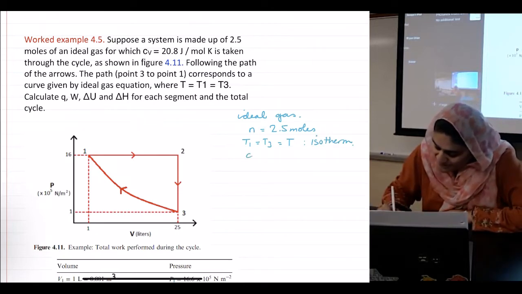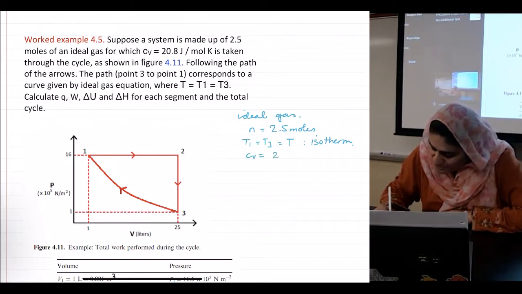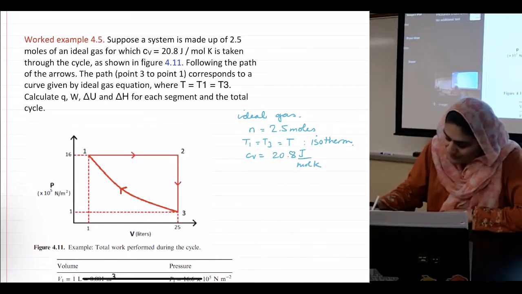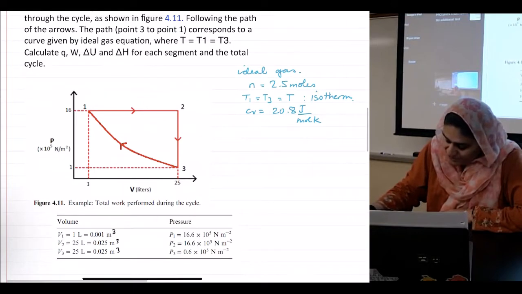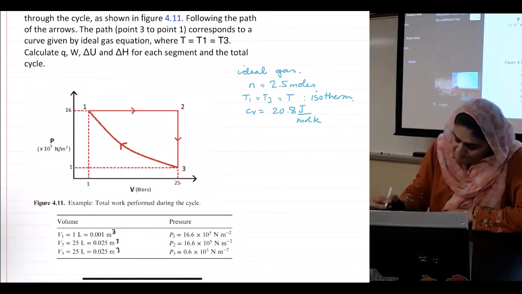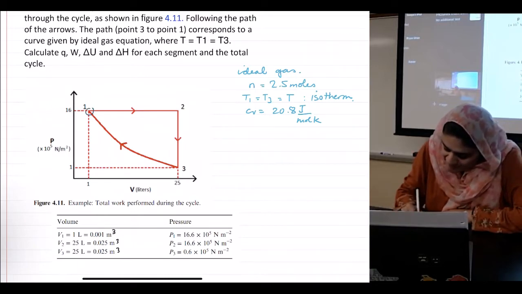They give me a CV, which is 20.8 joules per mole Kelvin. They also give me these volumes and these pressures, for all of these points.